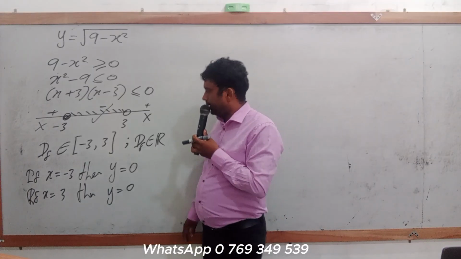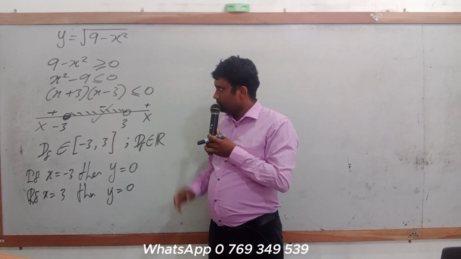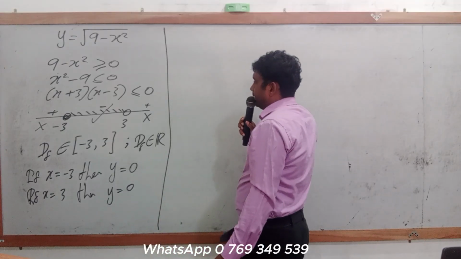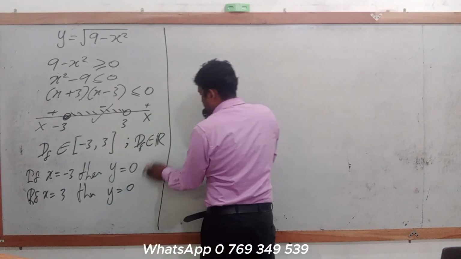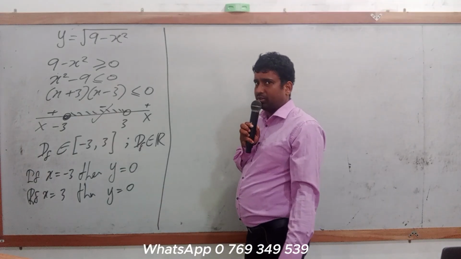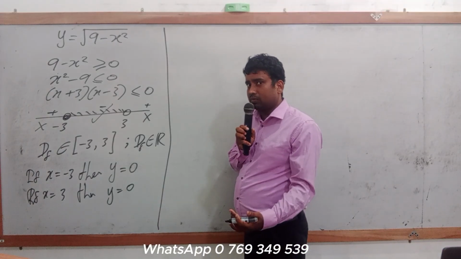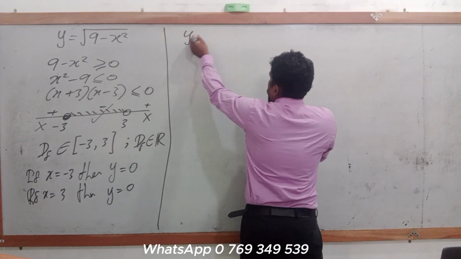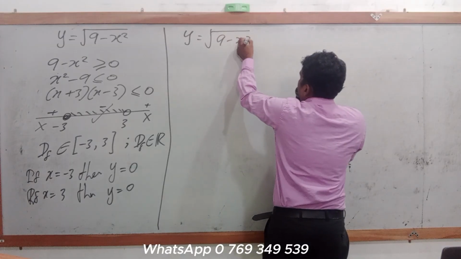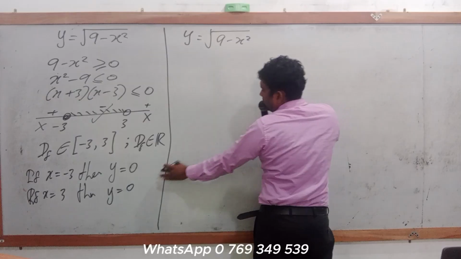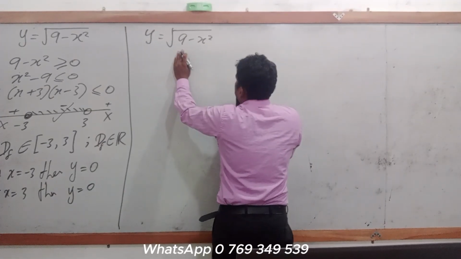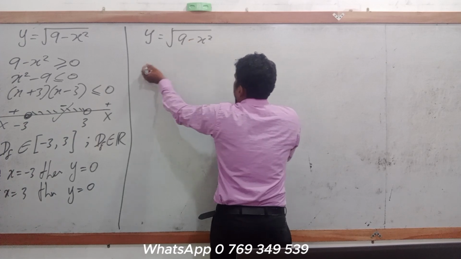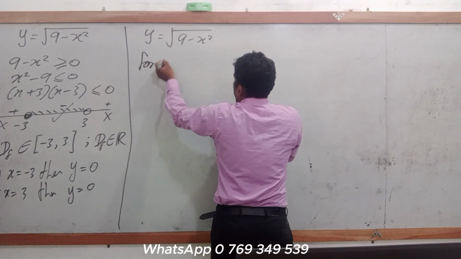And here, this is the zero. Here we have a problem, right? So many students get stuck with that one. Take y equals 9 minus x square. Then zero is the minimum. Then we can go to the maximum of this one, for modulus y max.